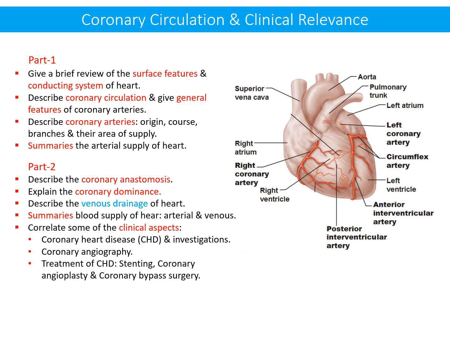And we will also correlate some of the clinical aspects such as coronary heart disease and investigations for it, coronary angioplasty, and treatment of coronary heart disease, that is stenting, coronary angioplasty, and coronary bypass surgery.